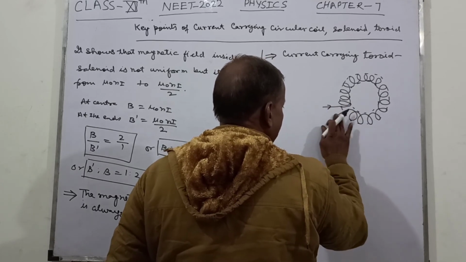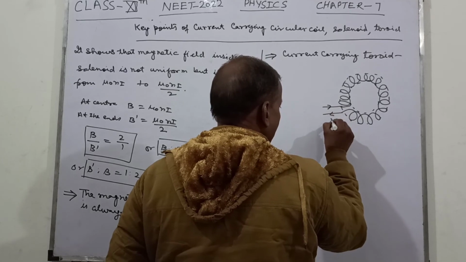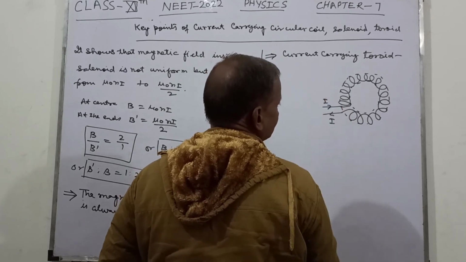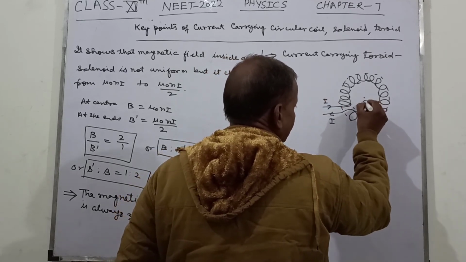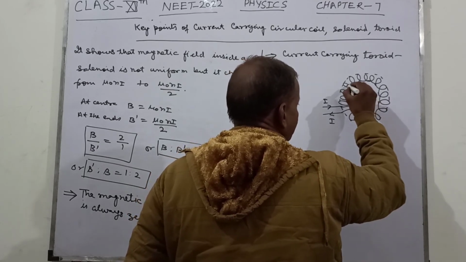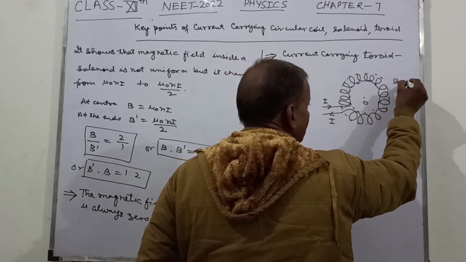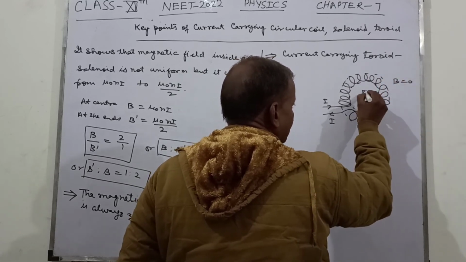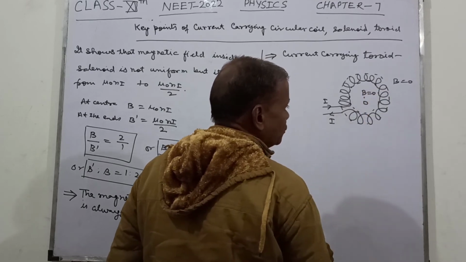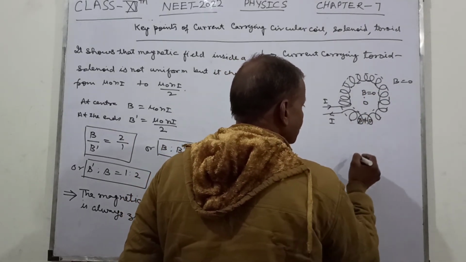It carries the current I. This is the center O, and this is the axis. The magnetic field outside this is equal to 0, and here the magnetic field is equal to 0. But inside this the magnetic field is not equal to 0.